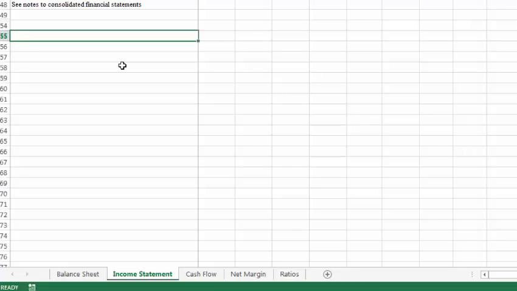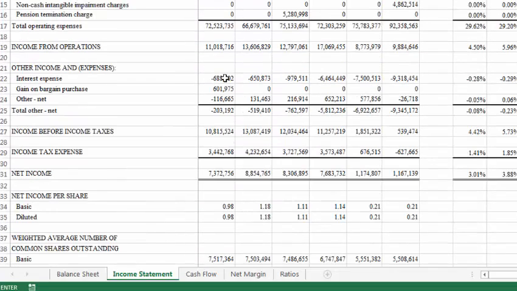So here we go. We're going to say equal, oops, let me do operating free cash flows. I'm going to take our operating income, so I'm going to scroll up here and find income from operations.